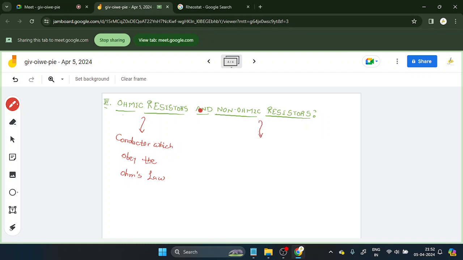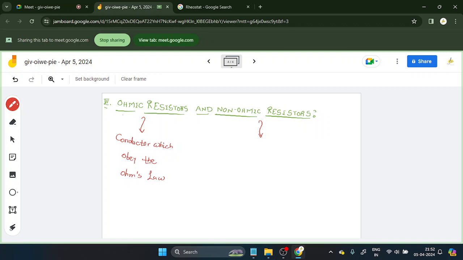Now what are non-ohmic resistors? Non-ohmic resistors are the conductors which do not obey Ohm's law. Mostly non-ohmic resistors are semiconductors.